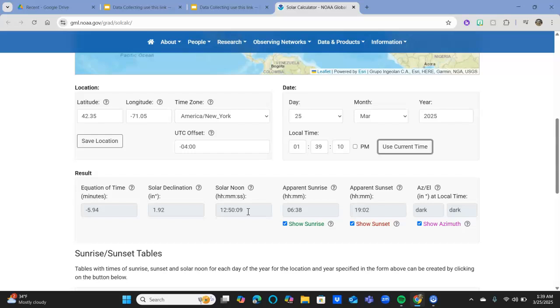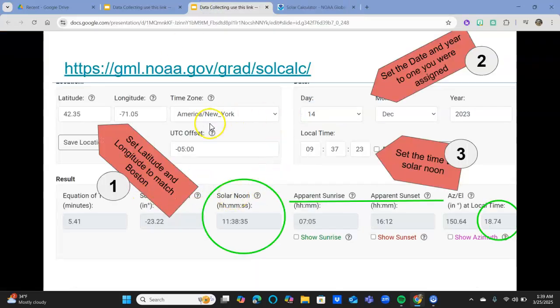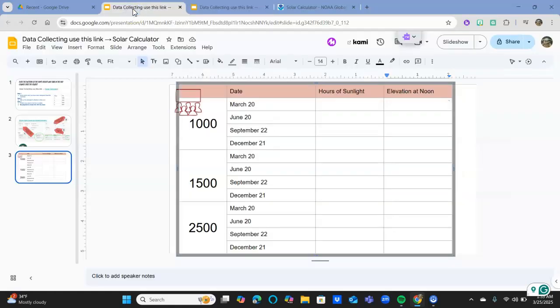I don't know why the solar time changed. Oh, I changed the date. Yeah. Okay. So, those three things, this slide is in your tasks. Set the latitude, set the date, set this to solar noon, and then read this number. That's all you got to do. Okay? And then go to the next one.